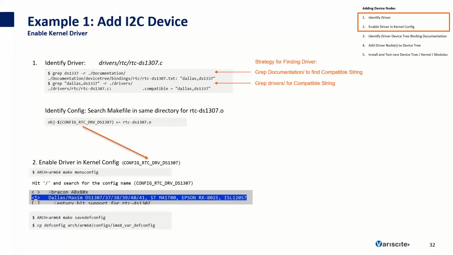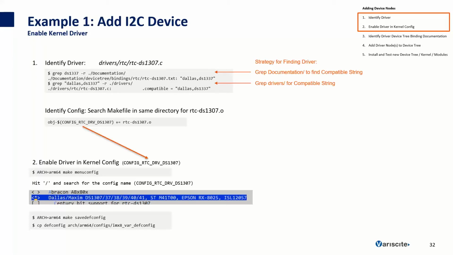So the next step is to just make sure that the driver is enabled in the kernel configuration. To figure out the configuration string that needs to be enabled, one of the things I like to do is to search the makefile in the same directory as the driver. So we can search the makefile for rtc-ds1307.o.